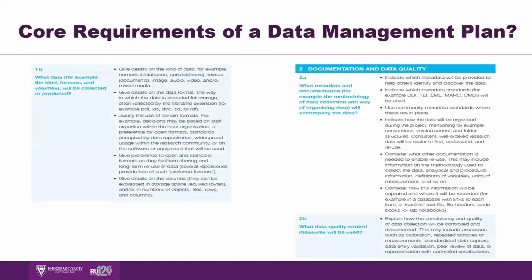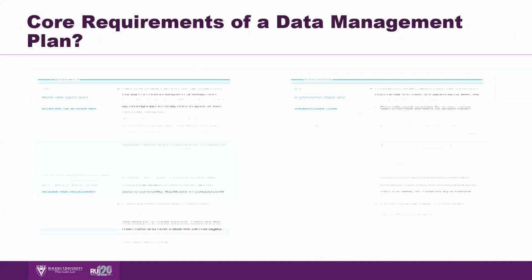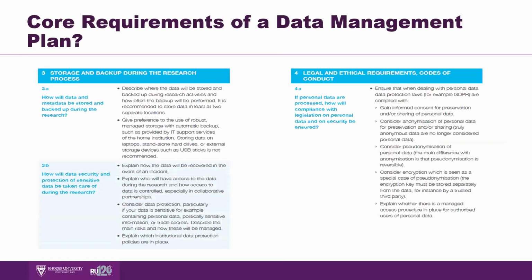And the same thing applies for 1B and 2A and 2B. So that's the detailed guidance for what kind of information you would have to provide. The same thing also applies for 3A. The document itself is publicly available, but I've just broken it down into the slides.